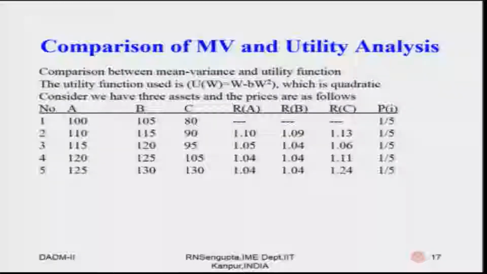The first column are the numbers, and the second, third and fourth columns are the respective values of the prices or the wealth, whatever you say, for the 3 different assets or projects or decisions, which are respectively A, B, C. And the 5th, 6th and 7th columns, given as R A, R B and R C, are the respective returns corresponding to the decisions or assets or projects A, B, C. And on the last column we have the probabilities.